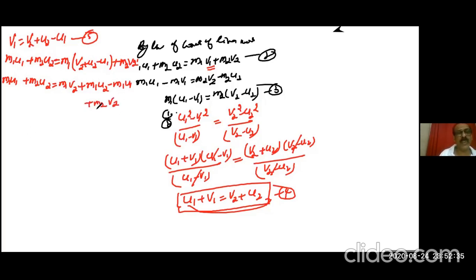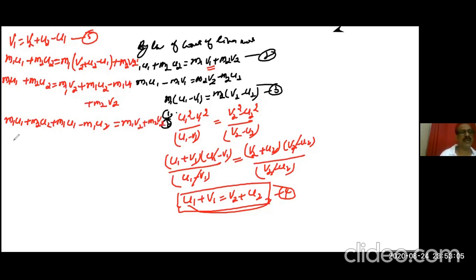We need V2 now. So keep V2 on the right side, bring all of the rest to the left side. So we can write M1 U1 plus M2 U2, this plus M1 U1 minus M1 U2 is equal to M1 V2 plus M2 V2.